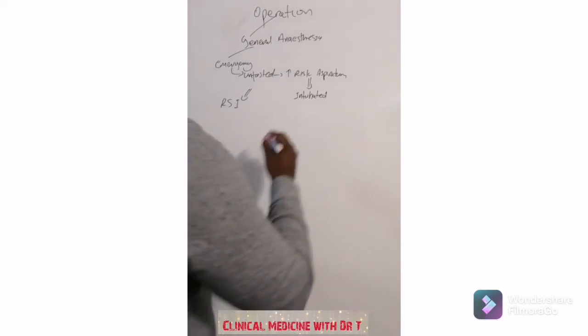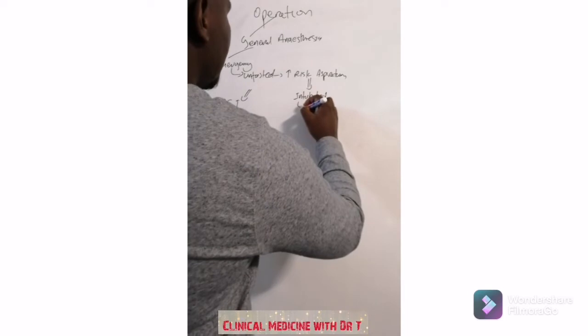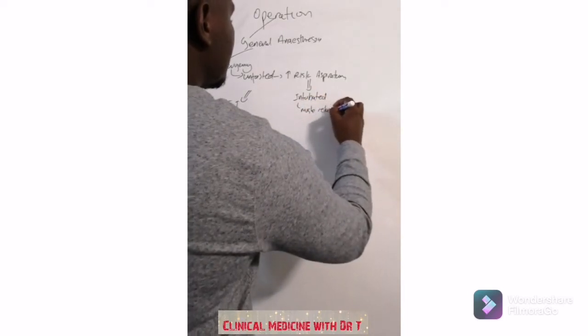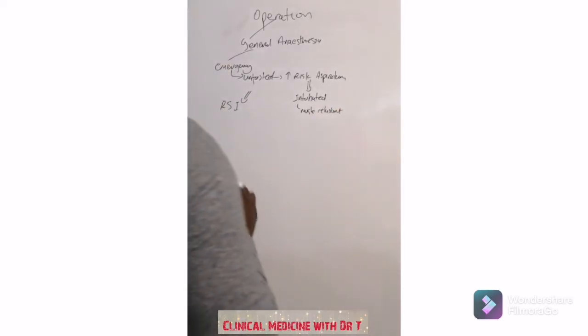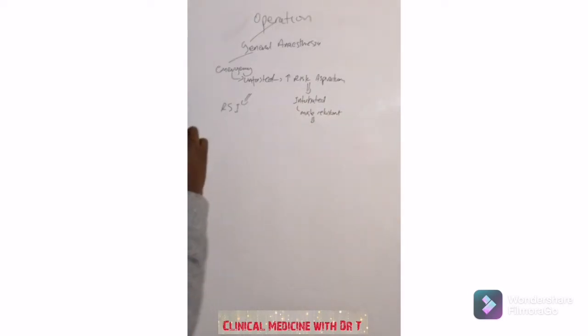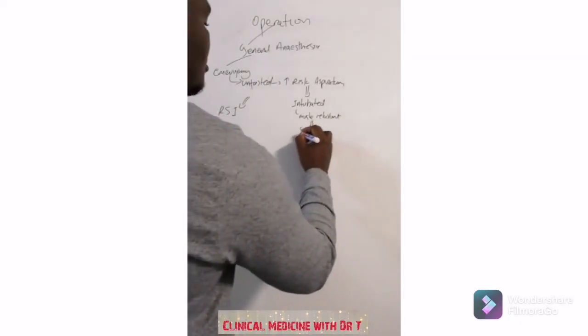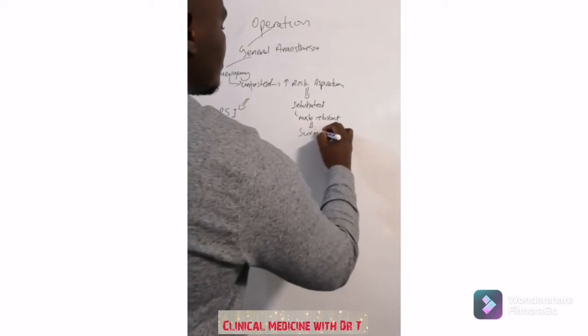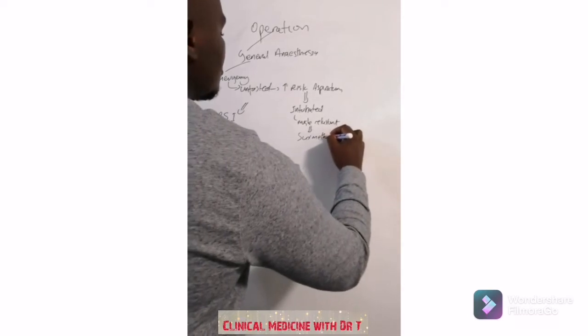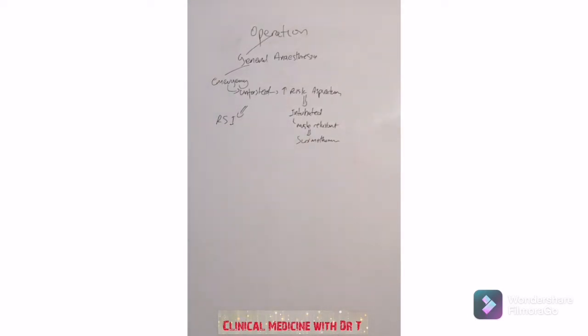Because you're going to intubate this patient, it means they need to have a muscle relaxant. And the muscle relaxant of choice in emergency situations, when you do an RSI, is suxamethonium.